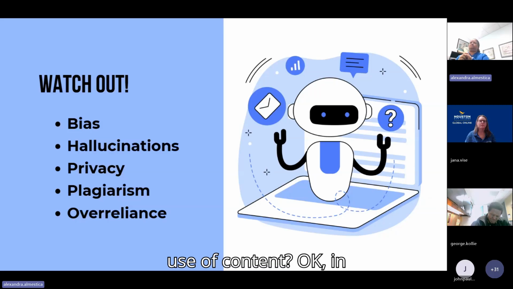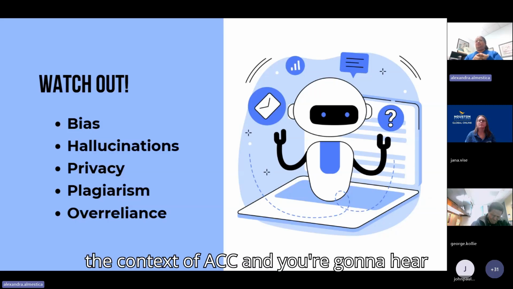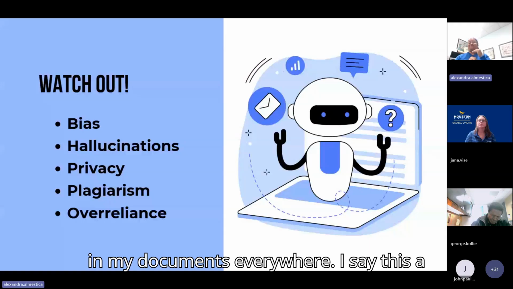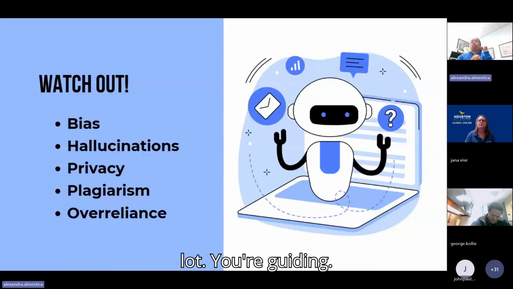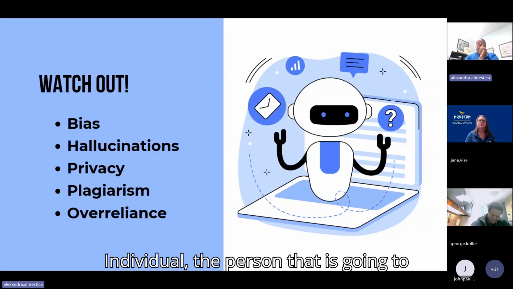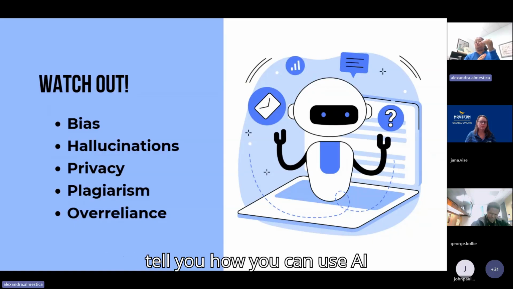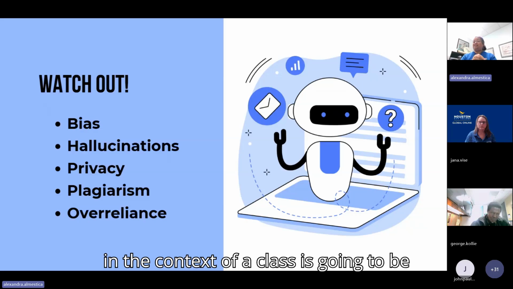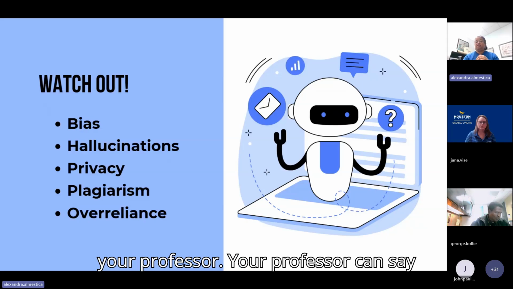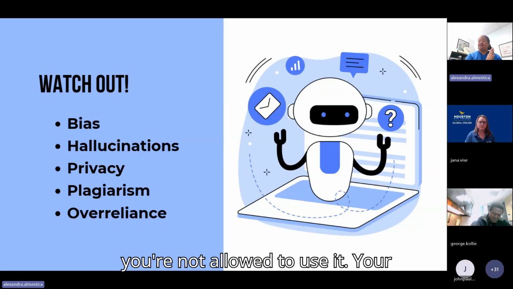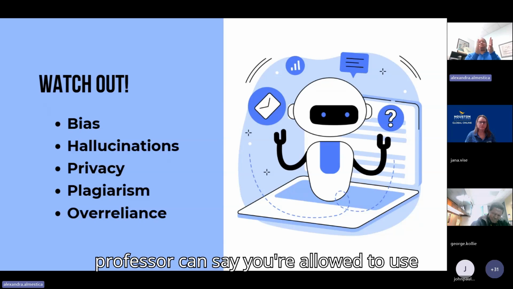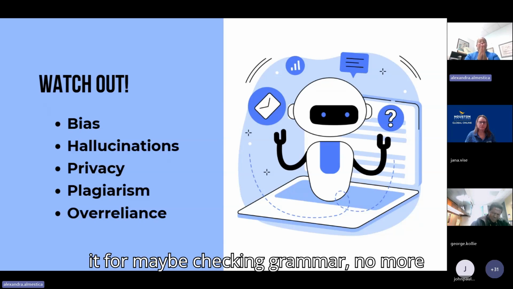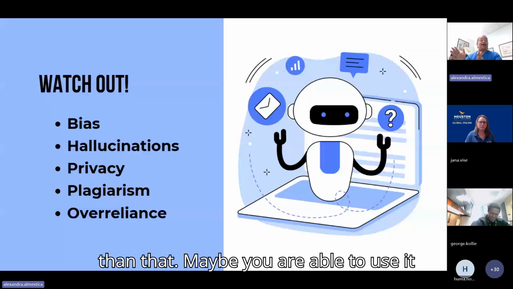Okay. In the context of ACC, and you're going to hear this everywhere in my documents, I say this a lot: your guiding individual, the person that is going to tell you how you can use AI in the context of a class, is going to be your professor. Your professor can say you're not allowed to use it. Your professor can say you're allowed to use it for maybe checking grammar, no more than that.